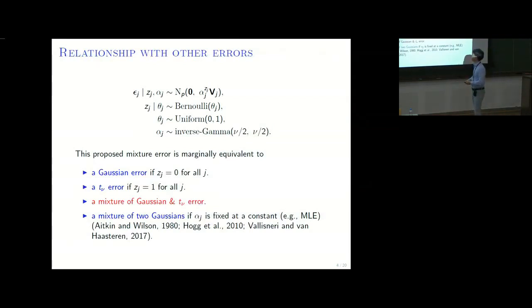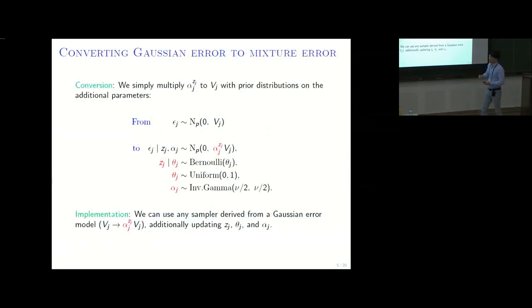So my interest was in an easy tool to convert any Gaussian error model to a mixture model, because this mixture model can be 100% T error or a mixture of Gaussian and T errors. The conversion is actually quite simple.